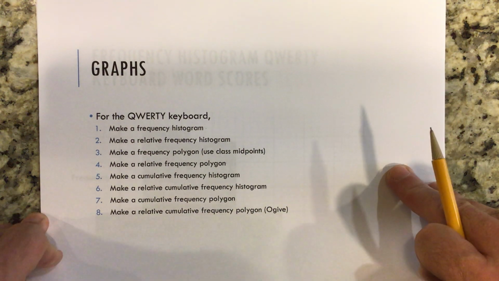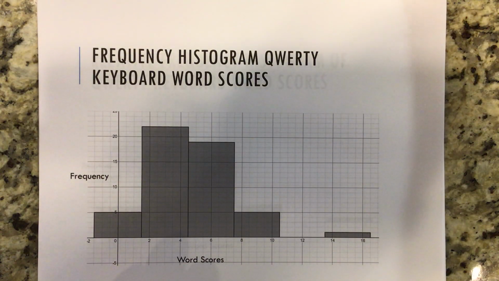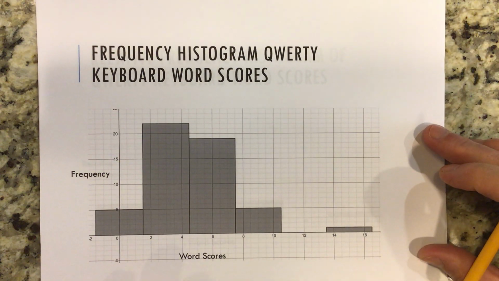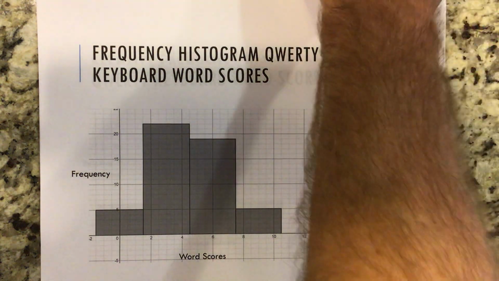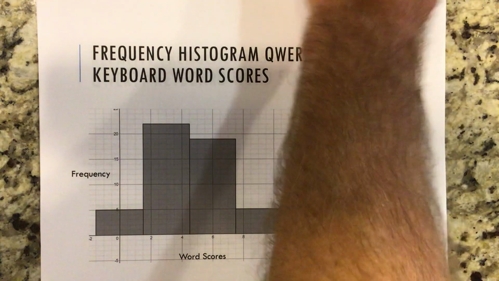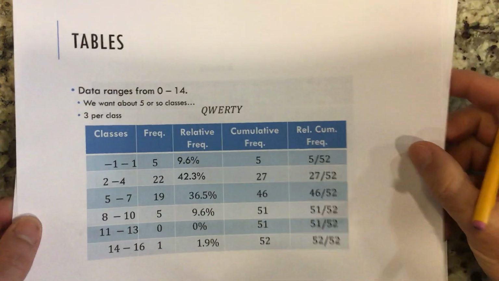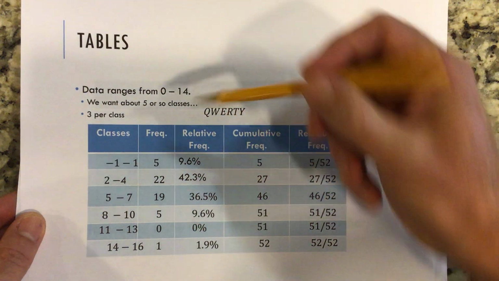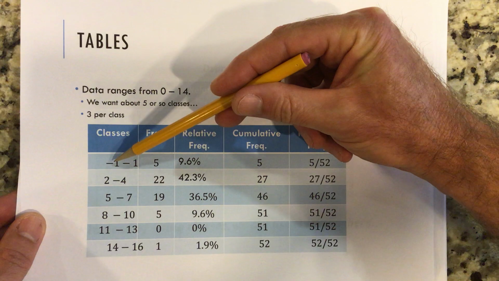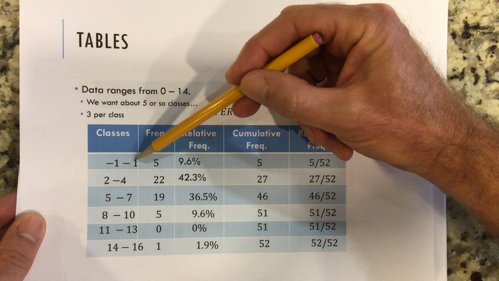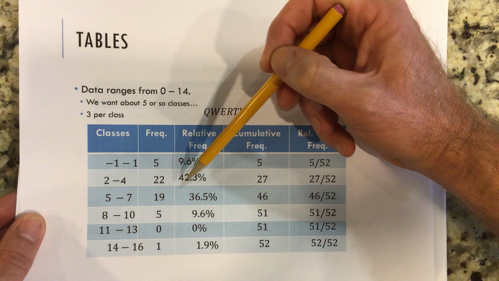So let's start. We're going to start with a frequency histogram. Let me go back to our data table. So we're basically going to be making a bar, again, using our class boundaries. So we're going to go from negative 1.5 to positive 1.5, and we're going to make a bar with a height of 5.